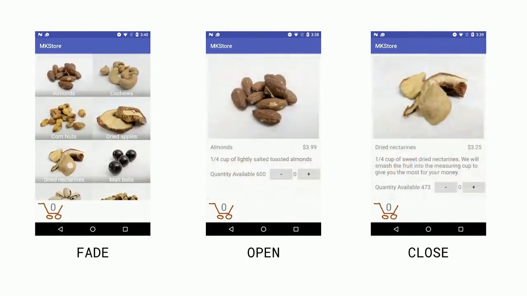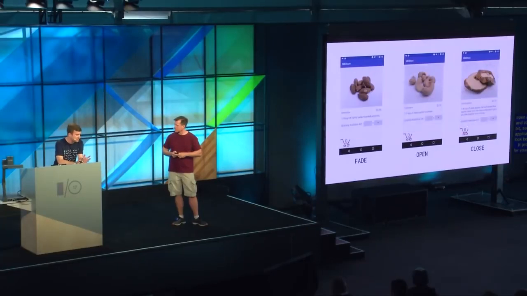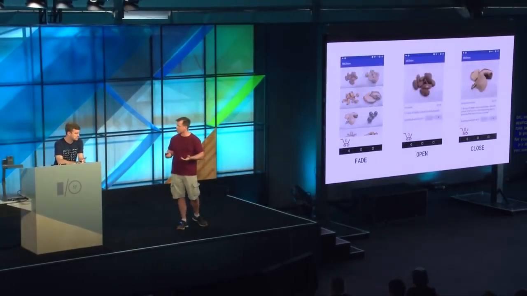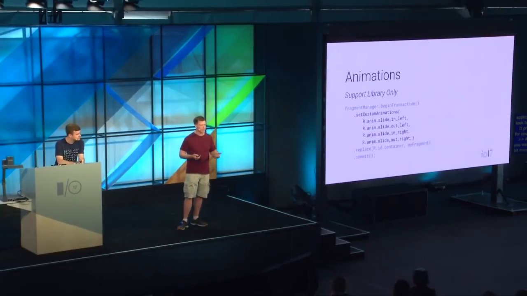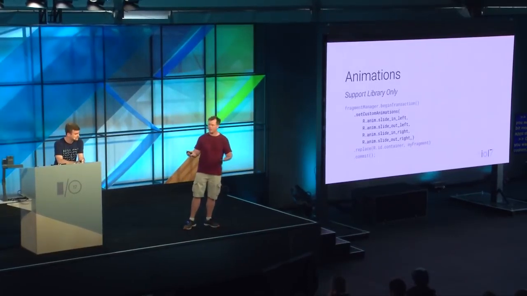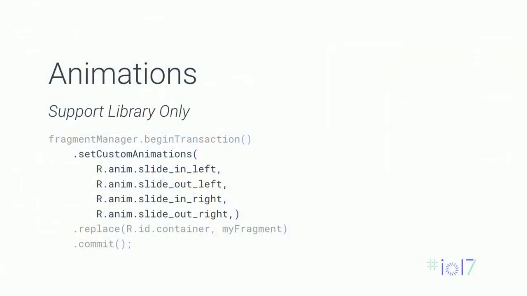Well, what if I want to do something a little bit more in keeping with my own app's design? Yeah, if you want something a little more custom, then we can use animations. Animations, in this case, is the view animations that allow you to change scale, rotation, translation, alpha, so fading. So you can set those, and this is only on the support library.